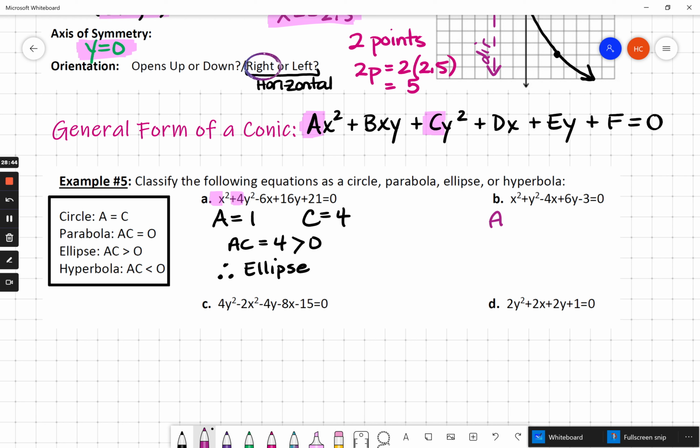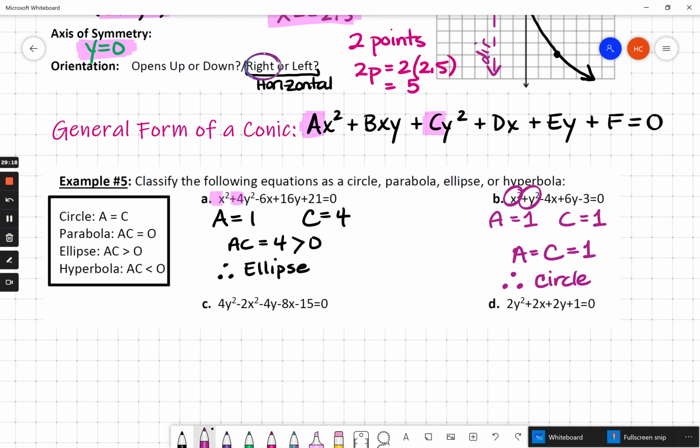So you found A and you found C. In this situation, your A was a positive 1 and your C here was also a positive 1. When we check to see if A is equal to C, they are equal to one another. So A is equal to C. Therefore, it's going to be a circle because they were both equal to 1.